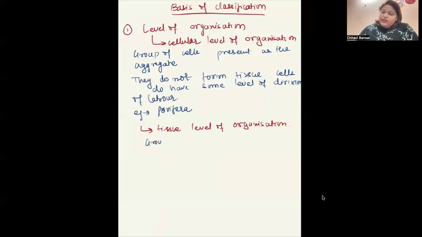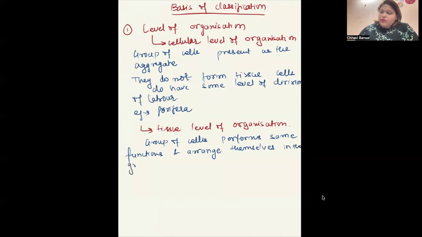Group of cells performs same functions and arrange themselves in the group of tissue.